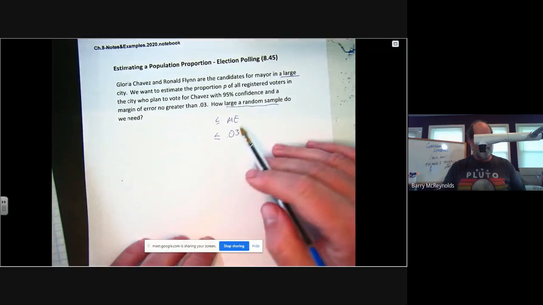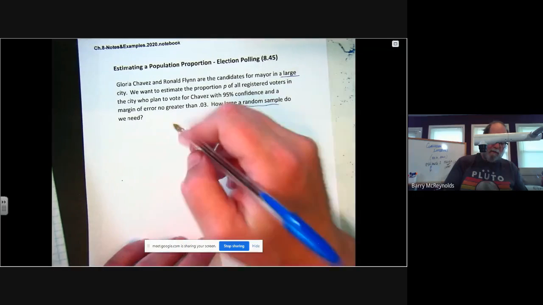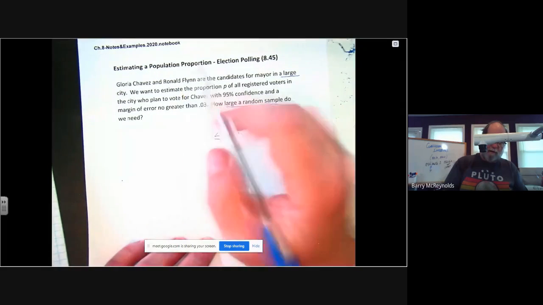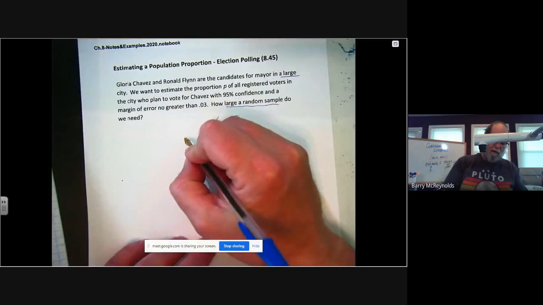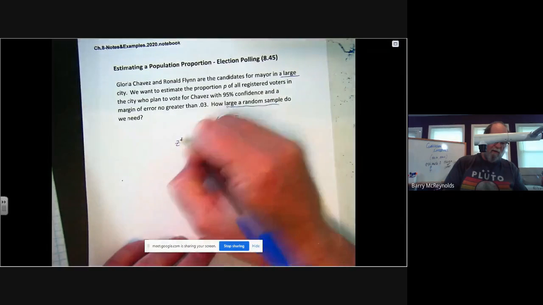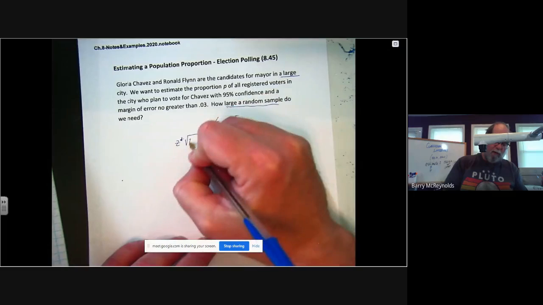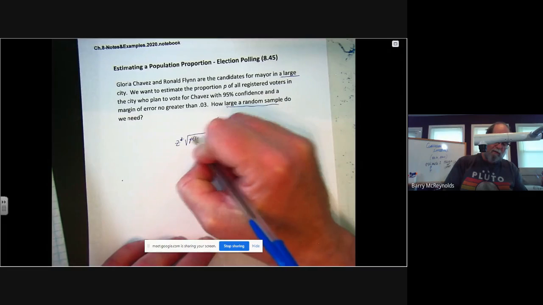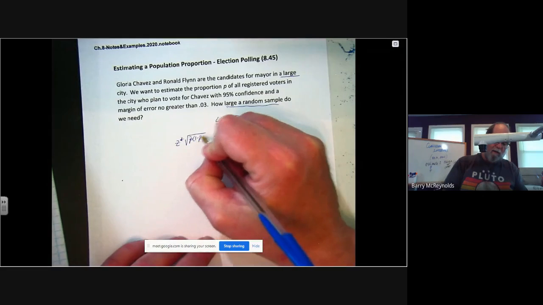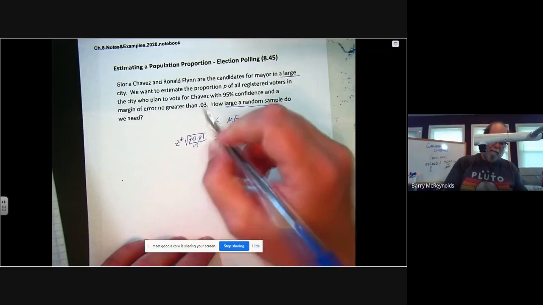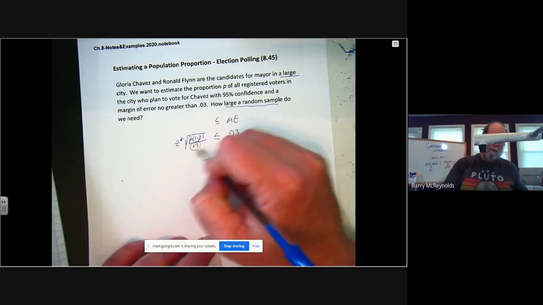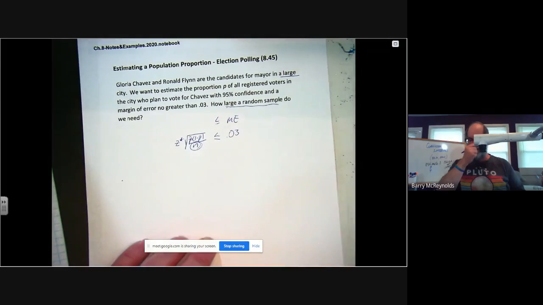Well, what is our margin of error? Well, it's this, since we're doing just one survey, it is Z star times the square root of p hat times 1 minus p hat all over n. And n is what we're looking for. We want that sample size.